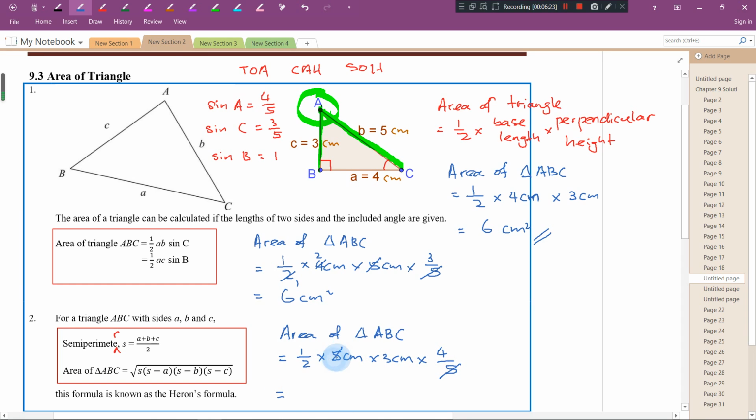You can simplify it: divided by 2, divided by 2, 3 to 6. You get exactly the same answer. If you want to use A and C, you will get the same answer as well. This one you can try yourself. Now let's try another method.